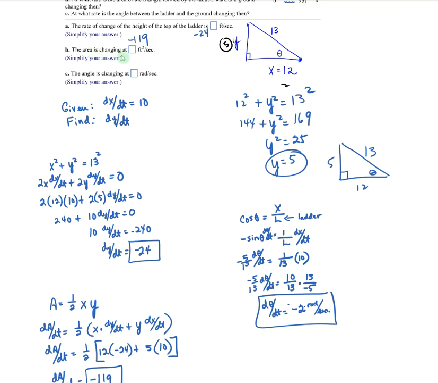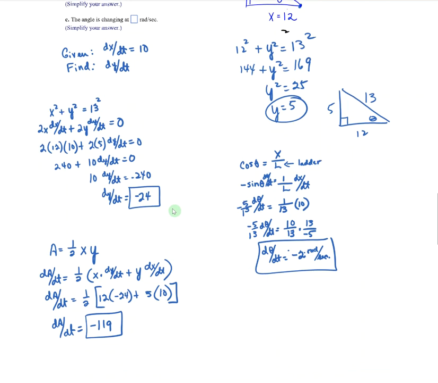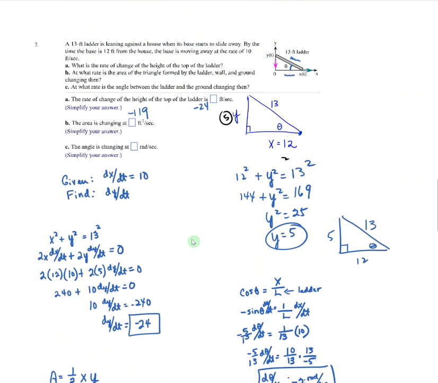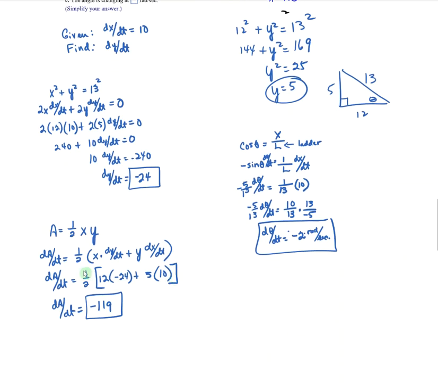Now, the area is changing at what rate? So the area of a triangle is 1/2 base times height. So we have A is 1/2 x y. dA/dt, that's the derivative of that, equals 1/2. Now we have a product, x times dy/dt plus y times dx/dt.